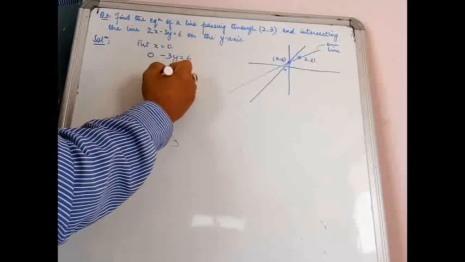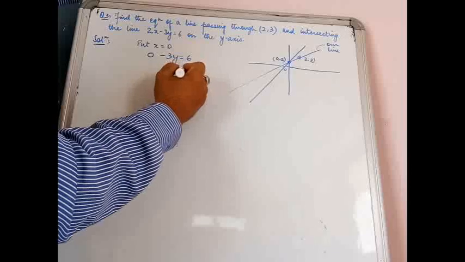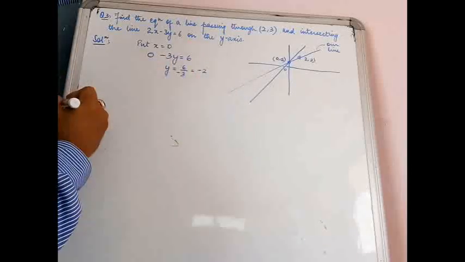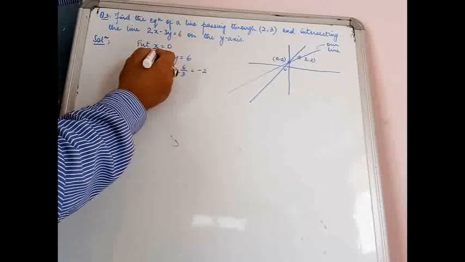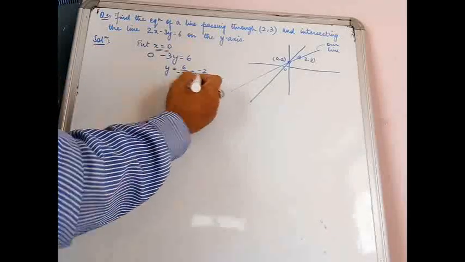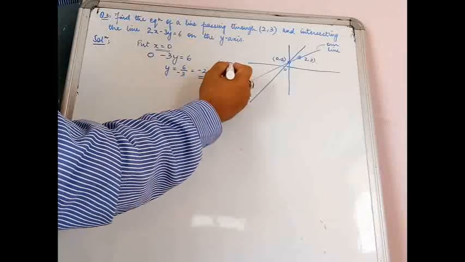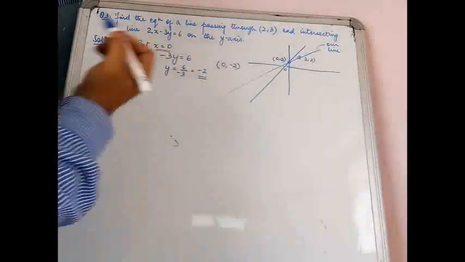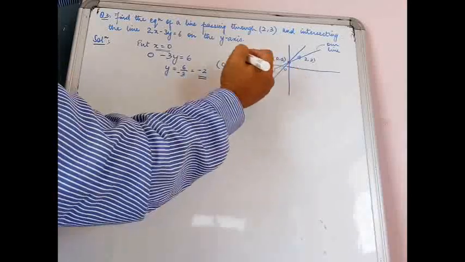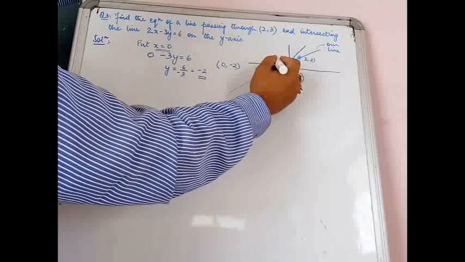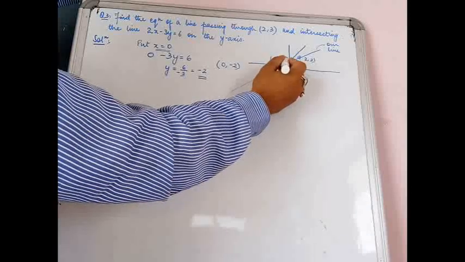So y is equal to 6 upon minus 3, which is minus 2. By putting x is equal to 0, I am getting y as minus 2. That means our point is (0, minus 2), which is this point (0, a).